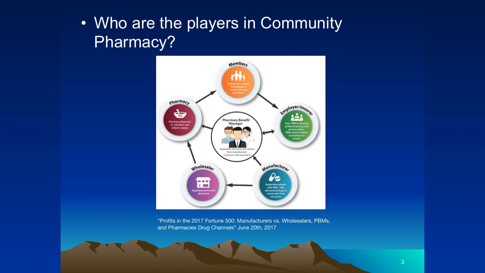So the payer is usually the employer or the insurer, like a health plan, Medicare or Medicaid, and the patients have that coverage. The manufacturers are providing the product, and the pharmacy is getting the product from the wholesaler.